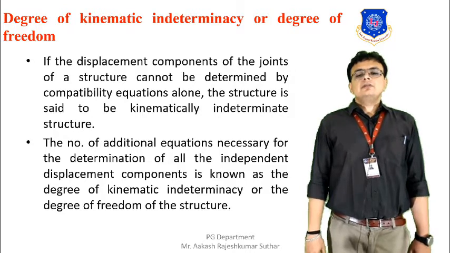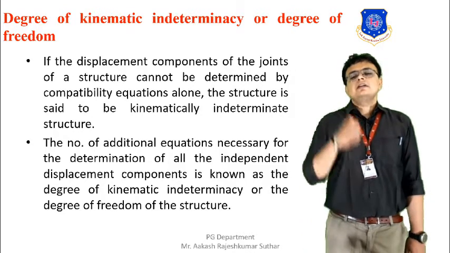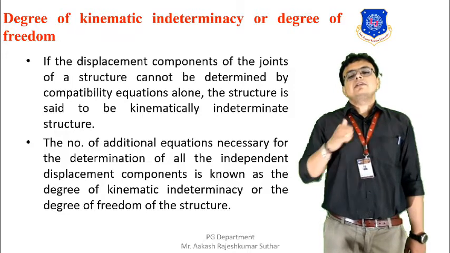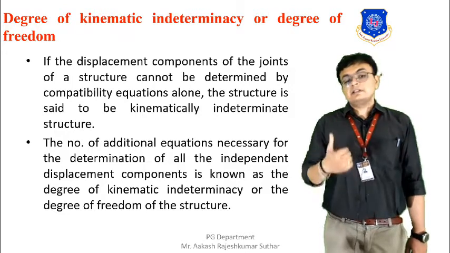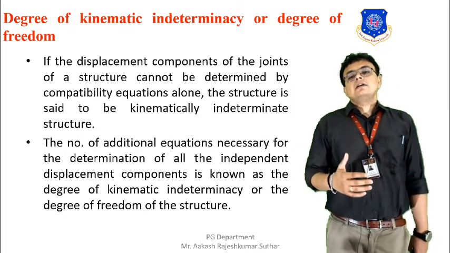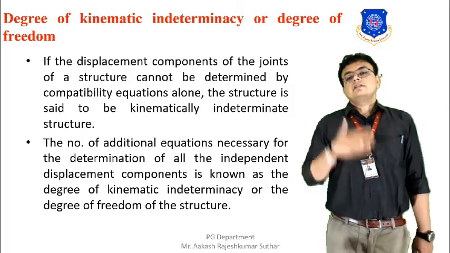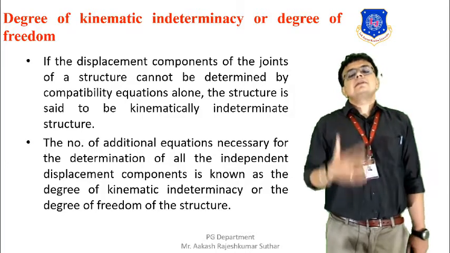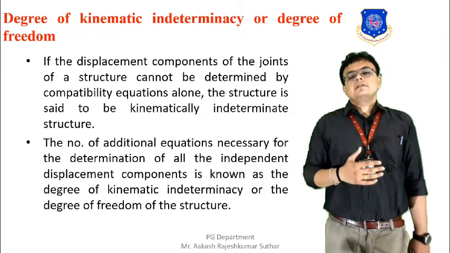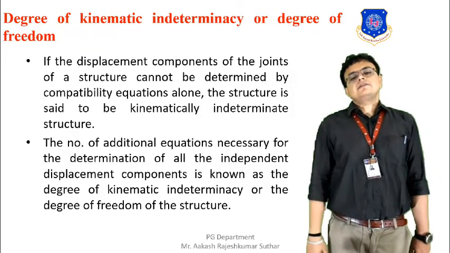The total number of additional equations necessary for the determination of all the independent displacement components is known as the degree of kinematic indeterminacy. Means it is the degree or the location or the type in which the members will get deformed. And it is also known as the degree of freedom of a structure.